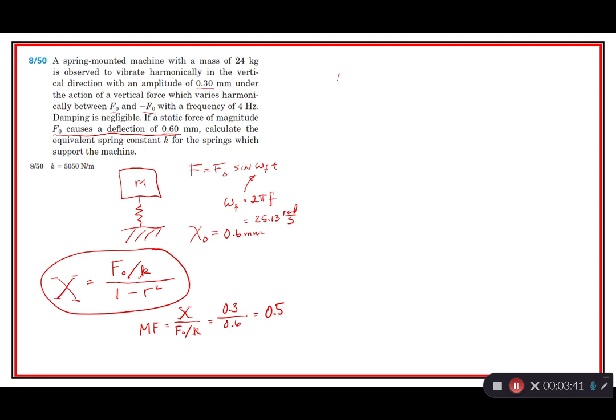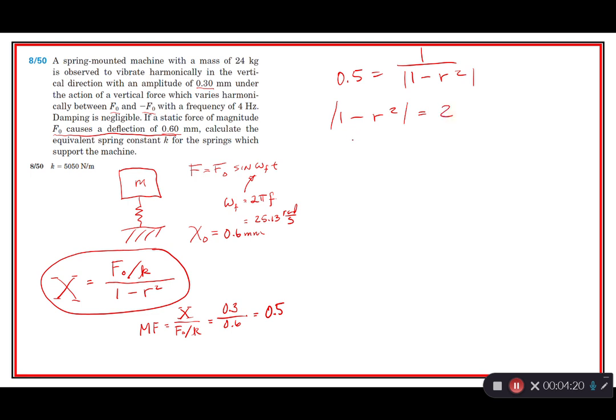So what we can say is that 0.5 is equal to 1 over 1 minus r squared. And recall that we had to be a little careful when it comes to solving for r here, because we really could have a different outcome. We could have 1 minus r squared equal to 2.